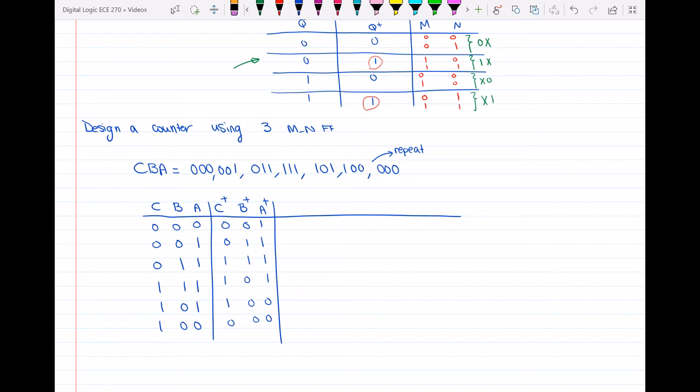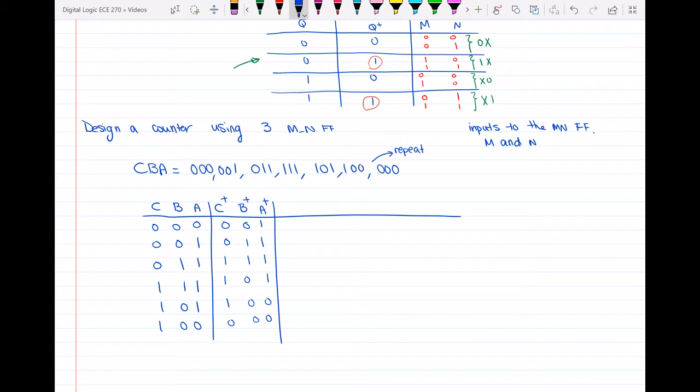What the question was asking us was to find the equations for the inputs of each of these flip-flops. The inputs of the flip-flops are M and N. These are the inputs to the MN flip-flop.